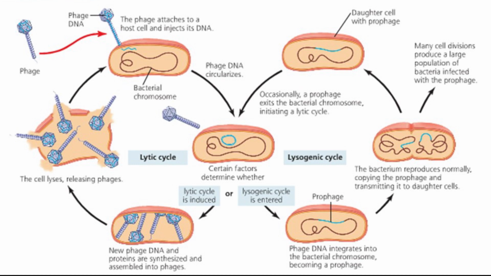Sometimes it'll go through what's called a lysogenic cycle, where it will actually integrate itself into the genome of the bacterial chromosome. And then the bacterium can grow basically indefinitely, or until something triggers that virus to become activated. And when that virus becomes activated, it goes back down through the lytic cycle. Does everybody understand that?